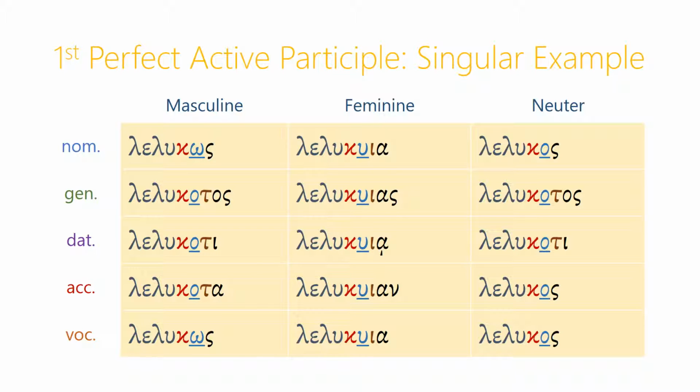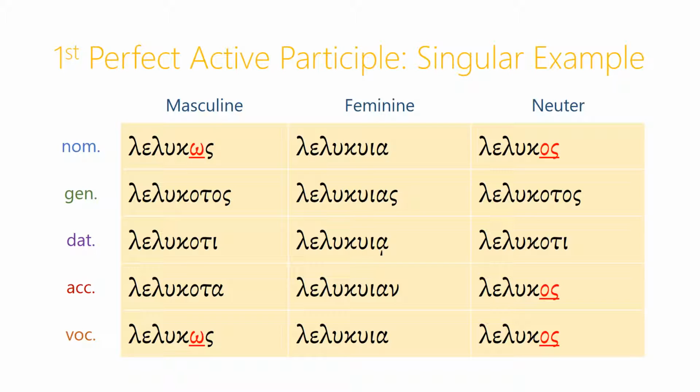Following that kappa tense indicator, you can see we have our appropriate connecting vowels, either omicron for the masculine and neuter, or upsilon in the feminine. Then we have our voice indicators, either tau in the neuter and masculine, or iota in the feminine.